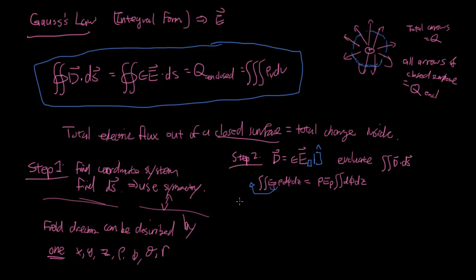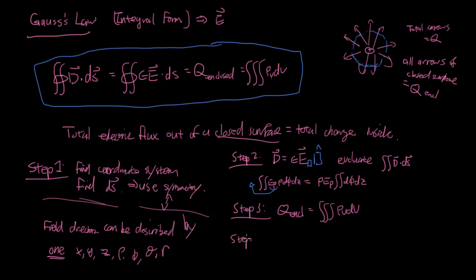Once you have that, the next step is to gather all the information for the right half of this equation. If you're given the total charge, then great, you're done with that. But you may need to go through some extra work to find Q enclosed by doing a volume integral or some other math to find what total charge is inside this surface.